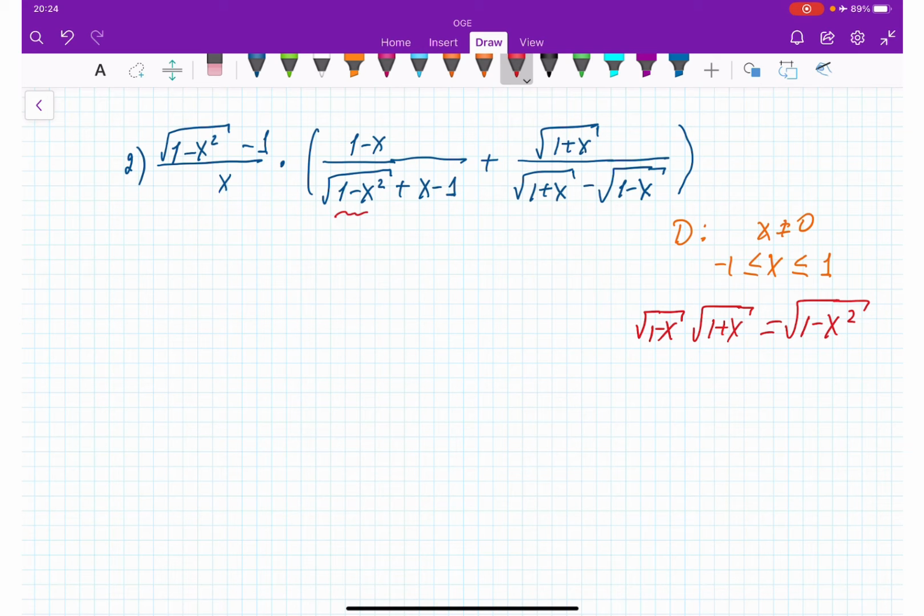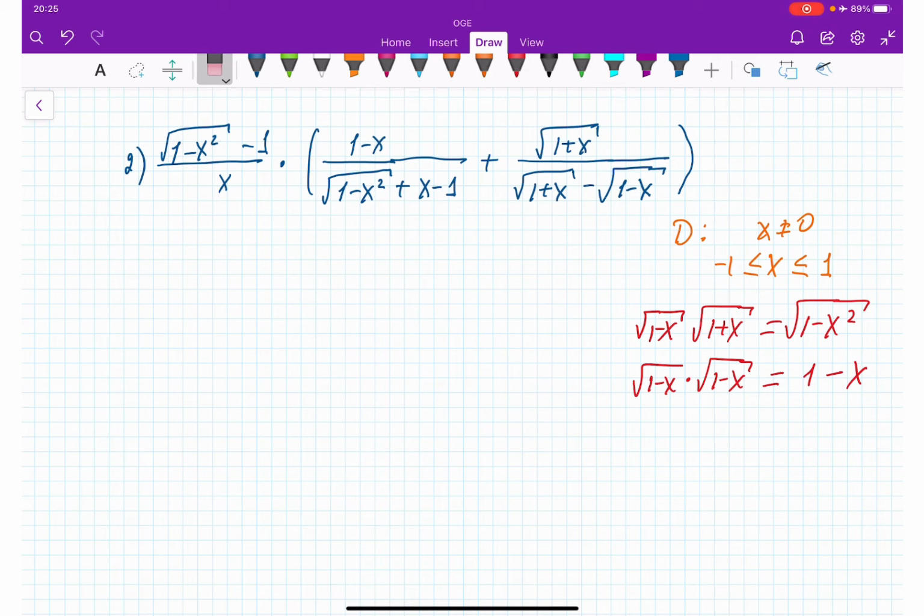Regarding x minus 1, it's going to be x minus 1 is equal to square root 1 minus x times square root 1 minus x, which is equal to 1 minus x. Okay, here we have x minus 1, but we'll take care of it, don't worry.